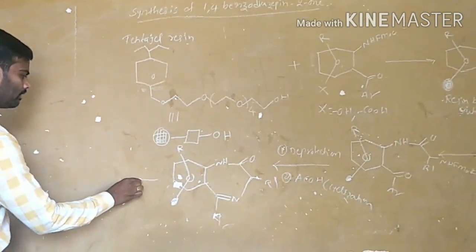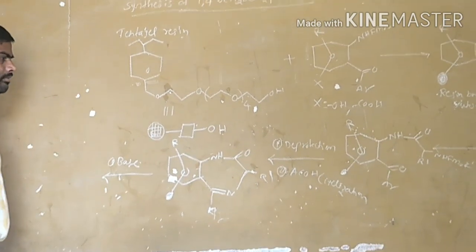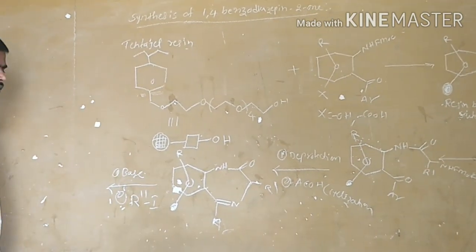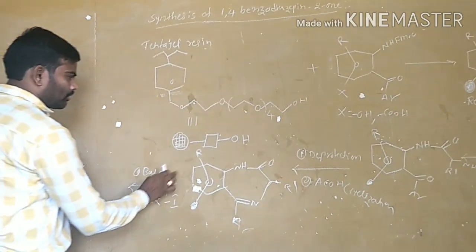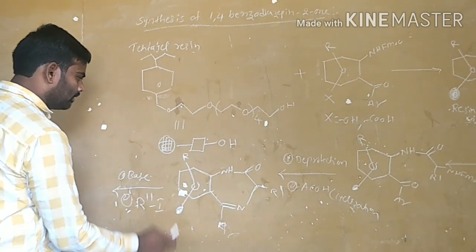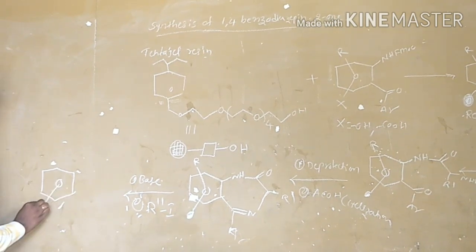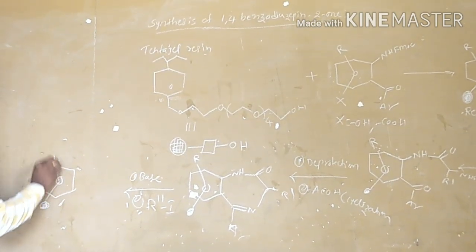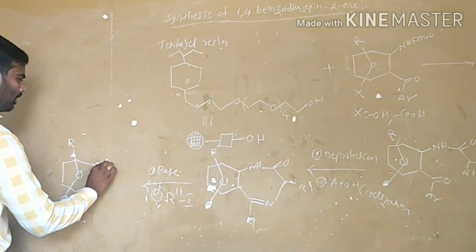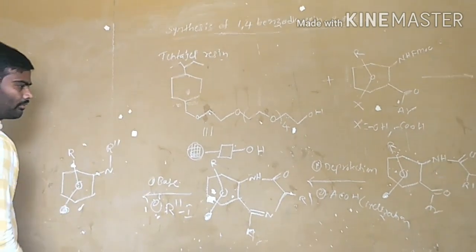Now this is treated with a base and followed by reacting with the alkyl iodide. In the presence of base, this proton is lost; this base attracts the proton, and here N is attached to the R double dash, with loss of HI.